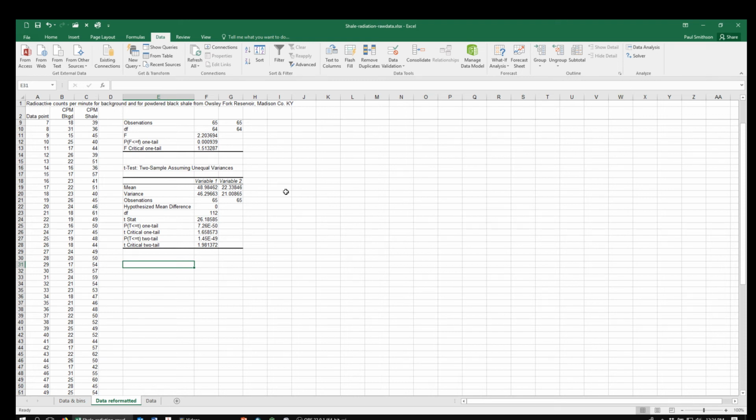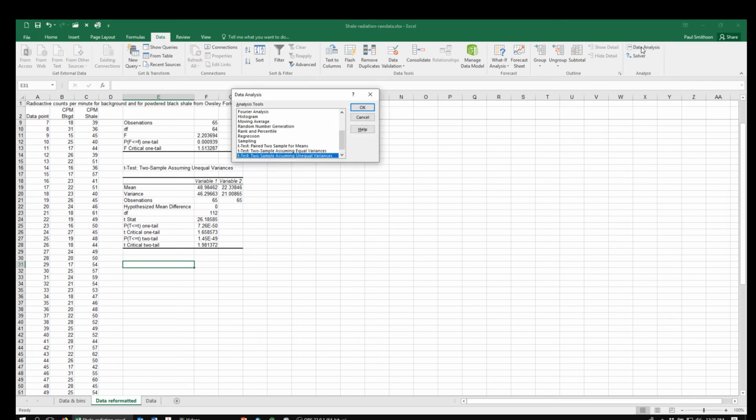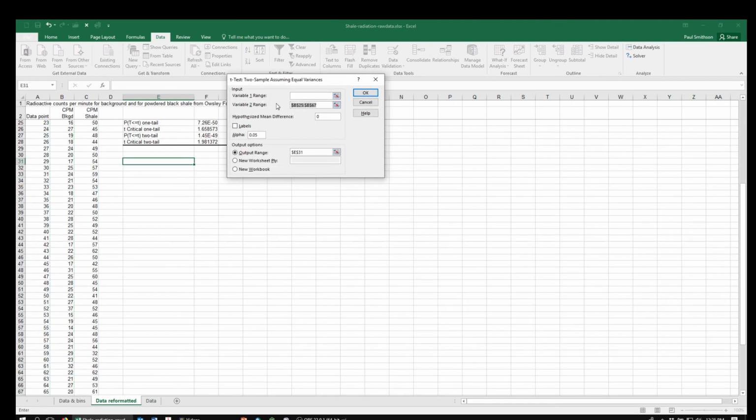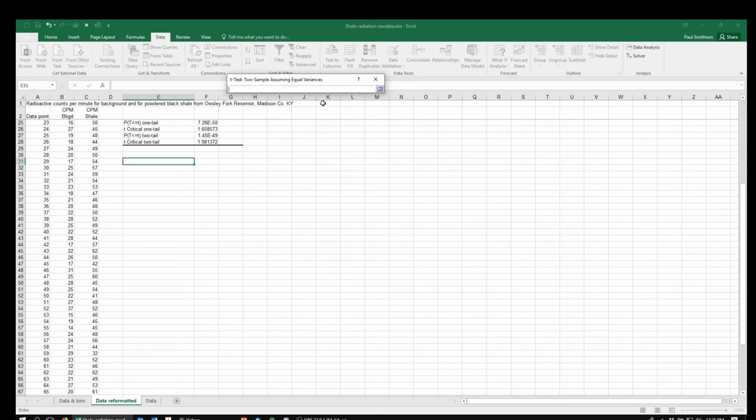Just for fun, let's do it assuming equal variance and see how they compare. Let's put our first one in.